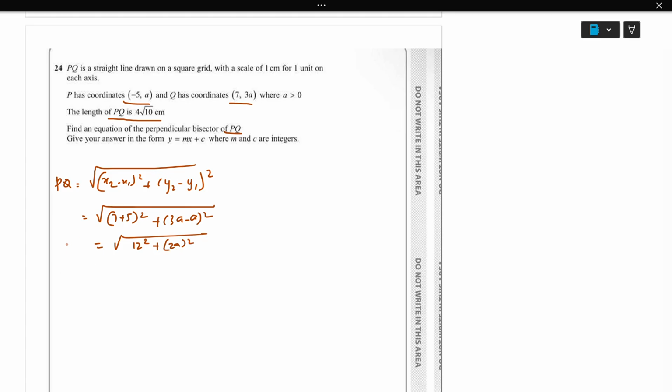Here outside there is 4 root 10. Here PQ value is already given.